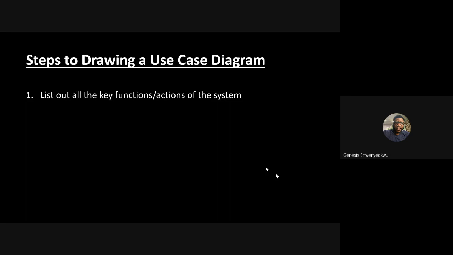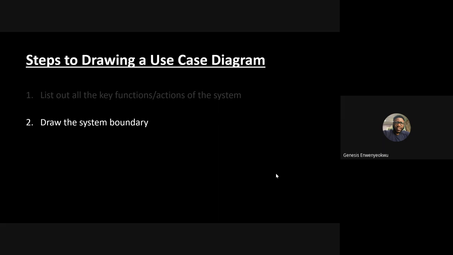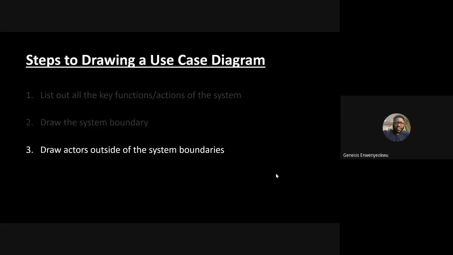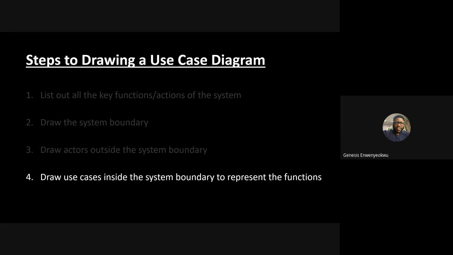After you've been able to do that, the next thing for you will be to draw the system boundary, which some people consider the black box or the big rectangle, right, to represent the system. And then you draw out all the actors. You draw the actors outside the system boundary. Then after that, you draw the use cases inside the system boundary.